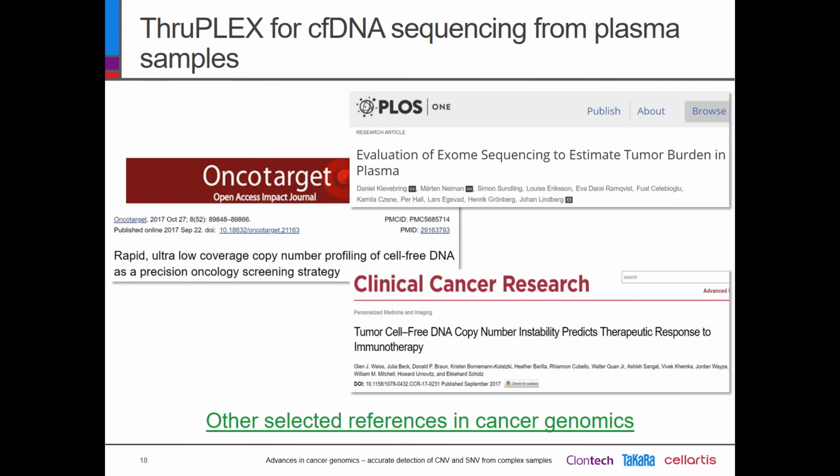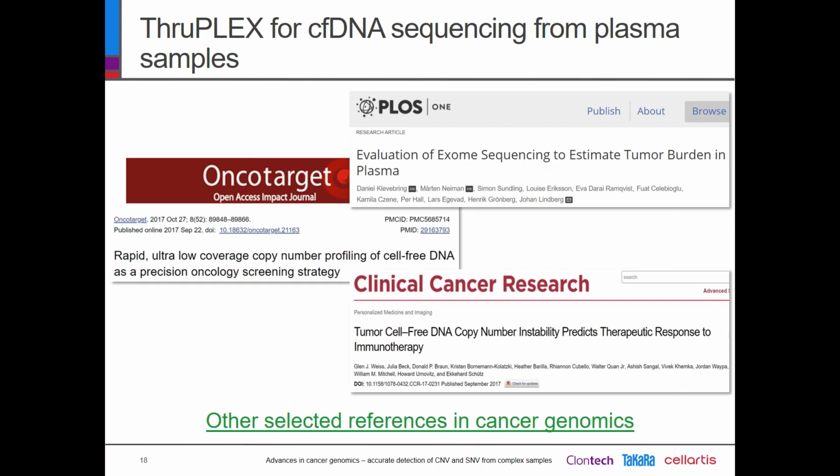Of course, I told you we have a long successful story for ThruPlex in looking at cell-free DNA, circulating tumor DNA from plasma samples of cancer patients.